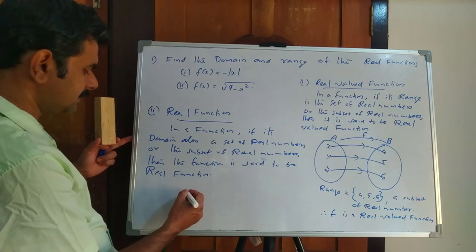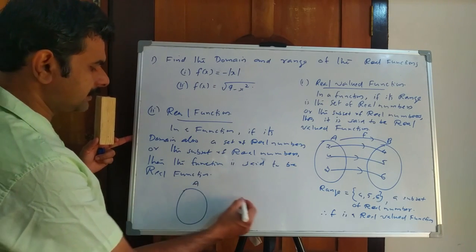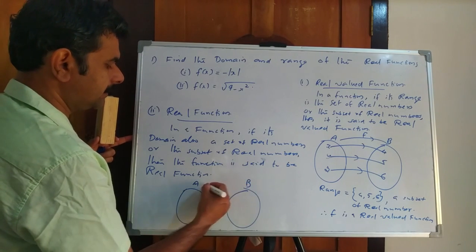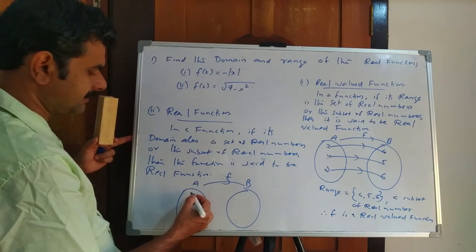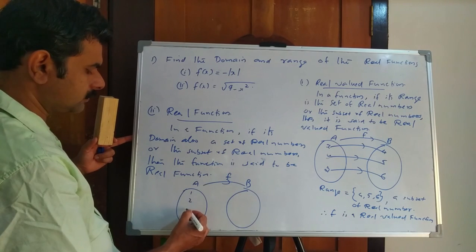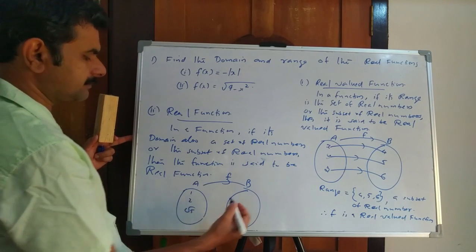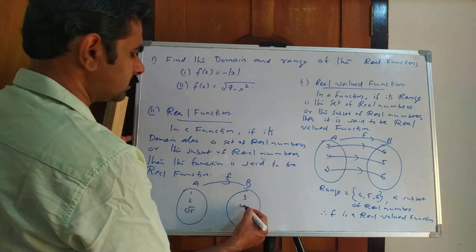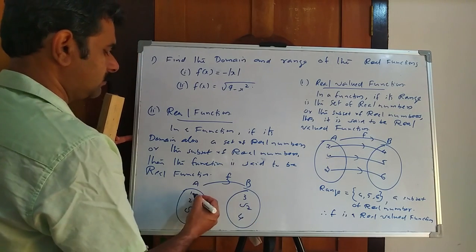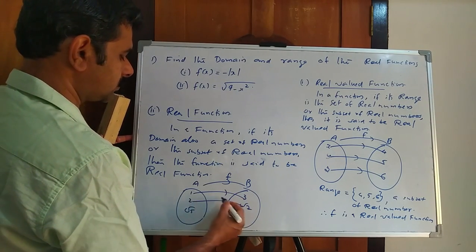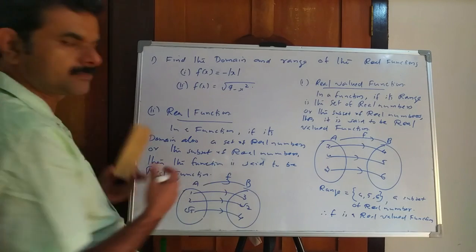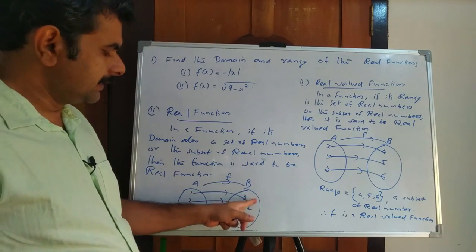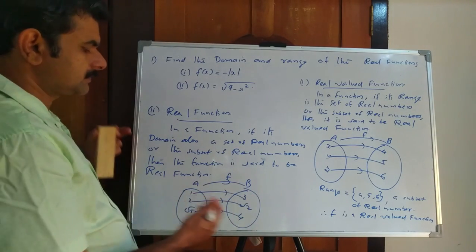Here is an example. A function is taken: A is 1, 2, root 5, and B is 3, root 7, 4. 1 goes to 3, 2 goes to root 7, root 5 goes to root 4.